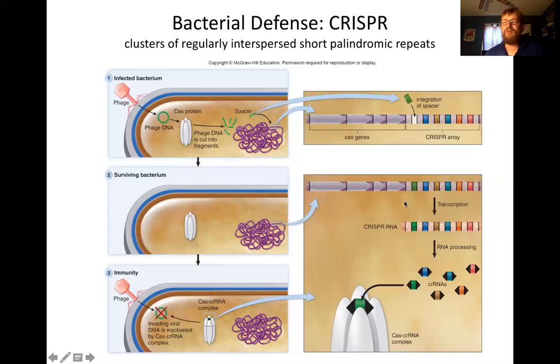What it does now is, when the CRISPR array is transcribed, it leads to what are called CRISPR RNAs. They're basically little identification sequences that get loaded into the Cas protein.